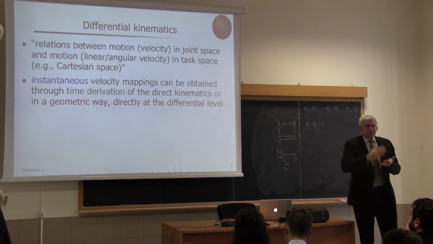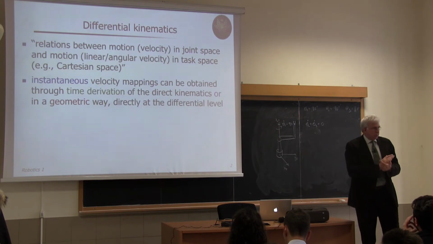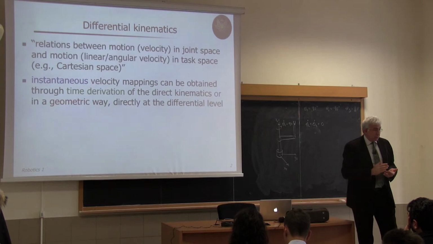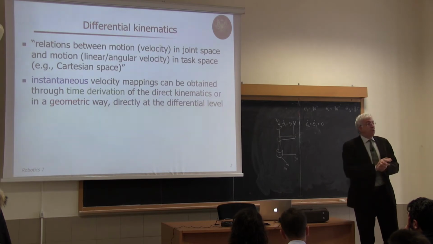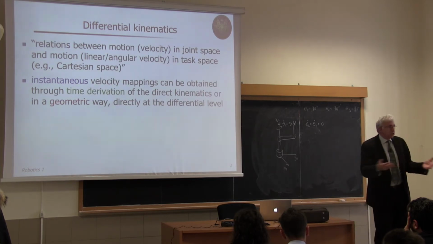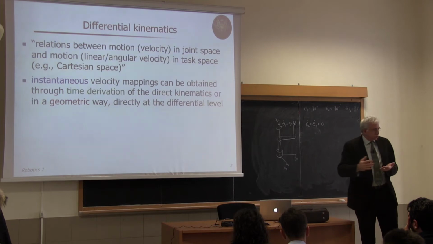Of course, if you have a computer controlling the motion of your robot, you will command a new desired velocity with some sampling time. So every, let's say, 1 millisecond or 10 milliseconds, you command a new velocity. But in our description, which is in continuous time, this is a continuous operation.